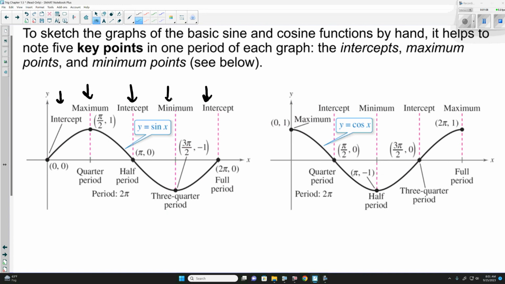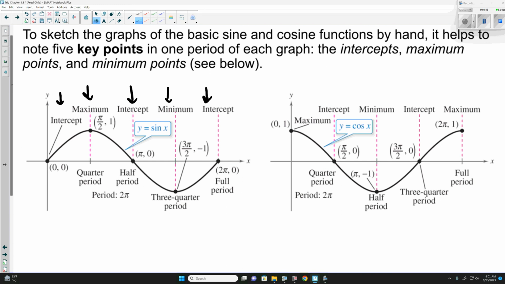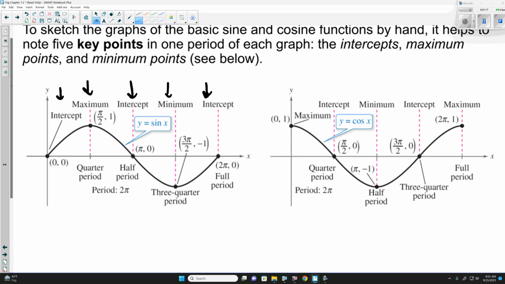If we look at this here, 0 degrees would be cosine, and the other one is sine. If we know these 5 points, especially from 0 to 2 pi, 1 period, we can graph the rest of it, because sine and cosine functions repeat themselves, so if we know one complete interval, we can find the rest.